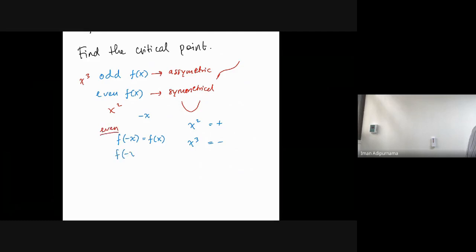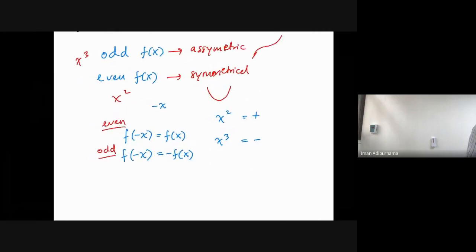And if you get the negative, then this is odd. So you can have really complicated rational functions, maybe x plus 1 over x to the fourth plus blah, blah, blah. You can check with the minus x. Check whether it is the same function or it changes to the negative function. If it is the negative function, then it means the odd function.